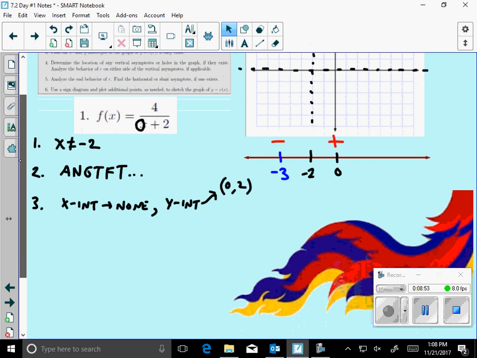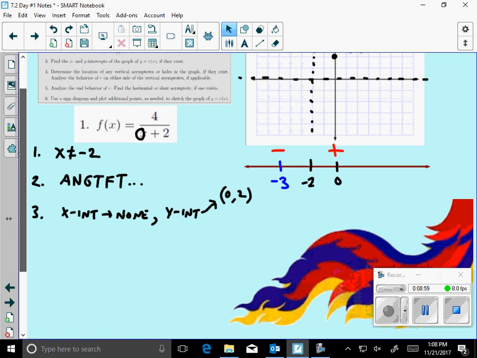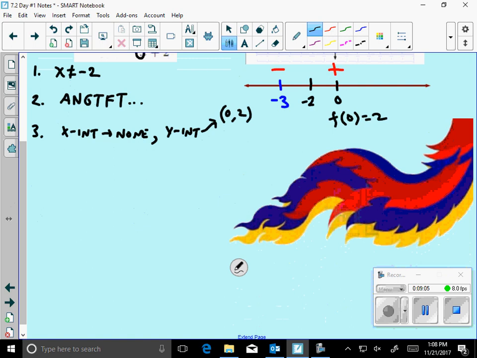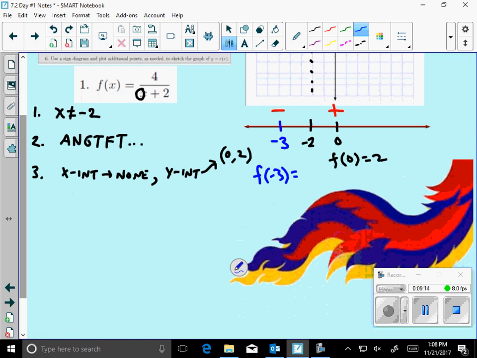Okay, so what's our last step? Use a sign diagram and plot additional points as needed. Okay, so let's plug -3 in. We plugged 0 in, f of 0 equaled 2. Let's plug -3 in. f of -3 would equal 4 over -1, so it'd be -4.